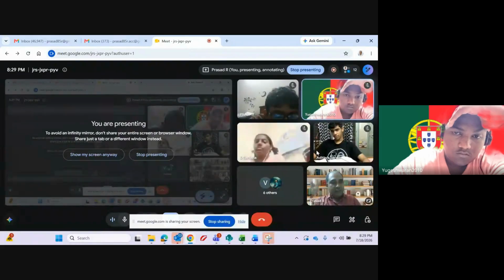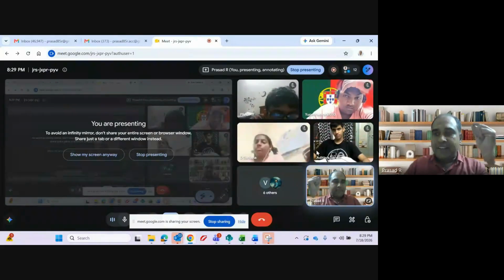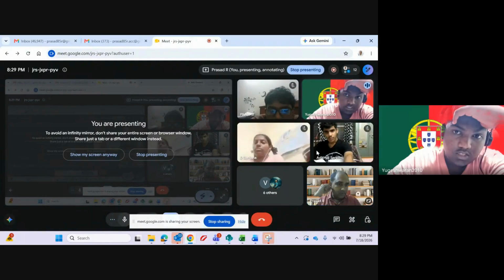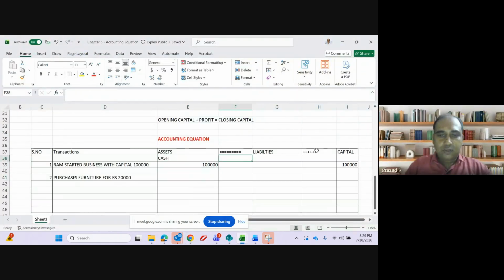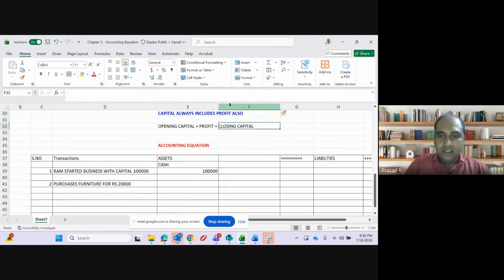So furniture will come under which category? Assets, liability, income, or expenses? Assets. So a new class of assets will be introduced in my accounting equation. How much is furniture, guys? 20,000.